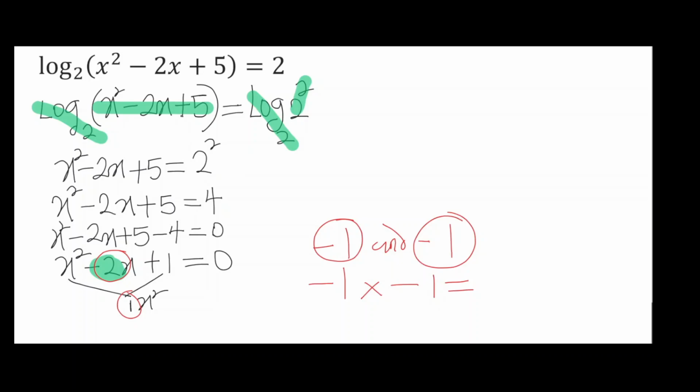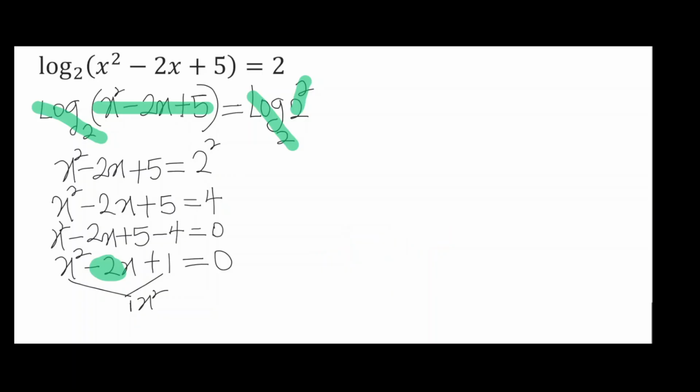So that's what I'm going to be using. I'm going to replace the -2x in the middle of the equation with -x and -x. Now let's quickly get that done. So we have x squared minus x minus x again, then plus 1 equals 0.